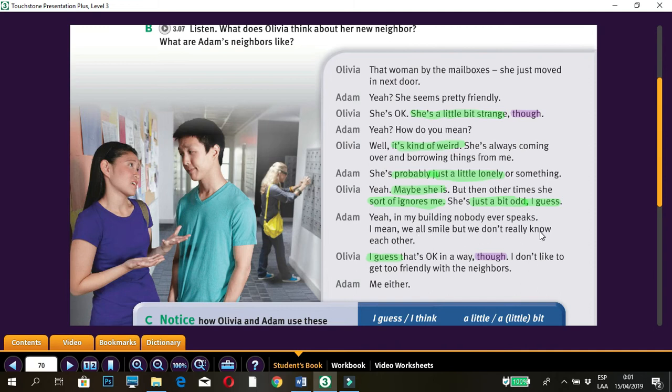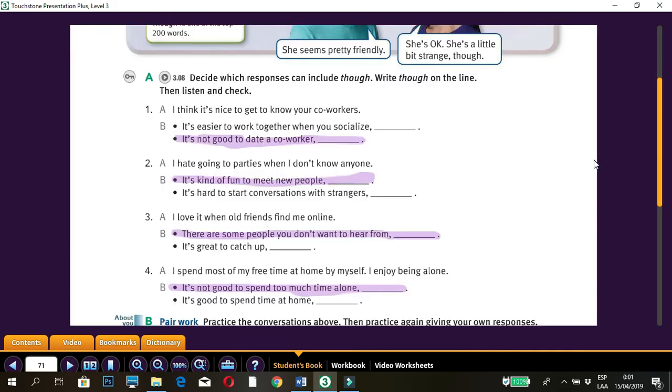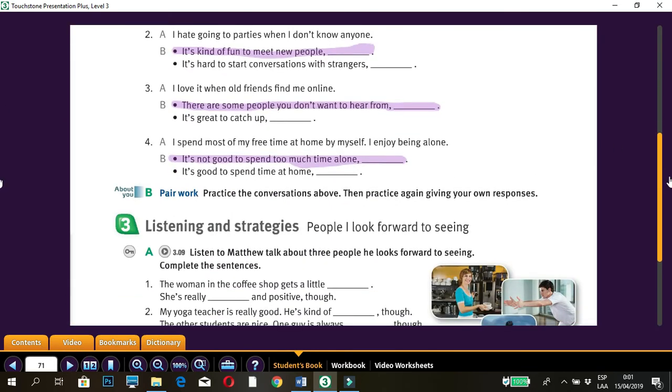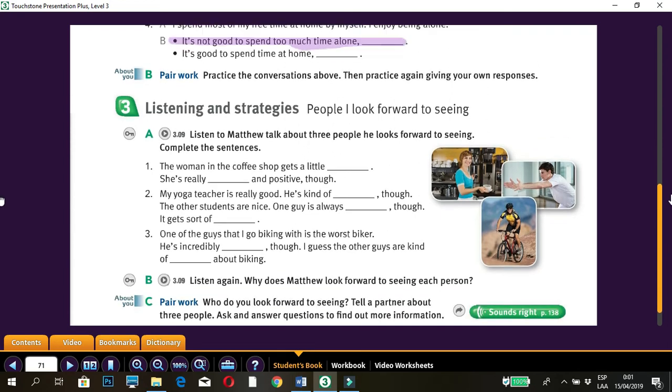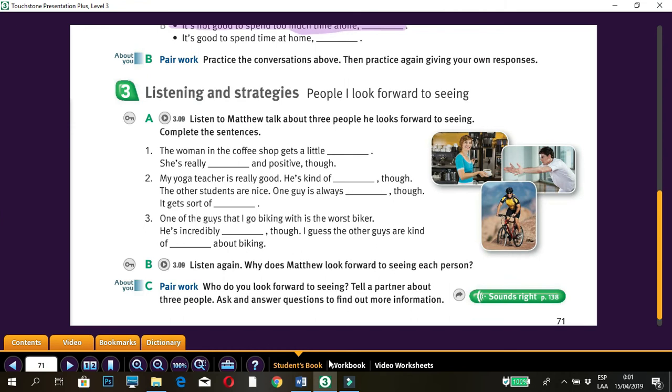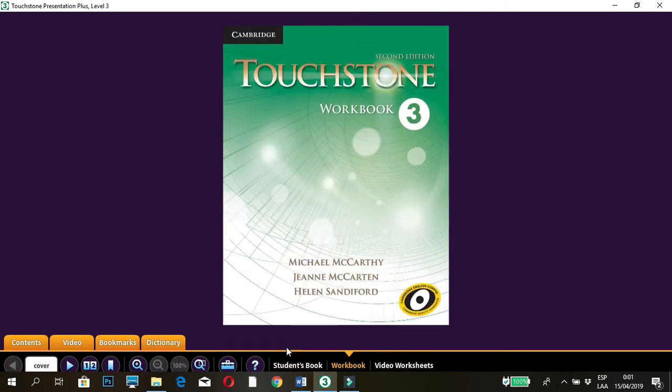Oh, I guess that's okay in a way, though. So, we are contrasting ideas. All right, so those are the exercises. Now, we're going to go to the workbook to practice a little bit of these conversation strategies.